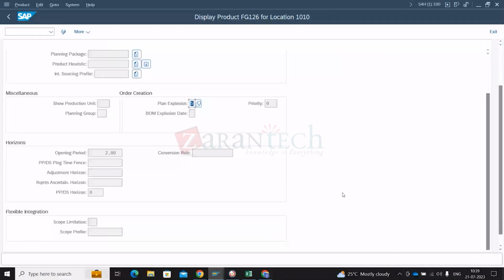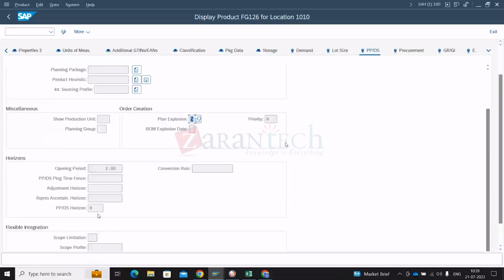Before I go on, I just want to very quickly talk about these horizons that are here. The opening period, whatever you specify here, is the period before which the order should be converted from plan order to production order.